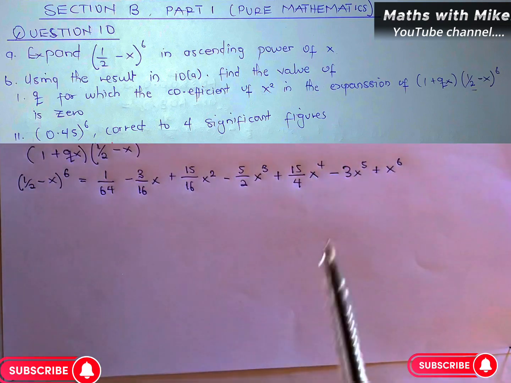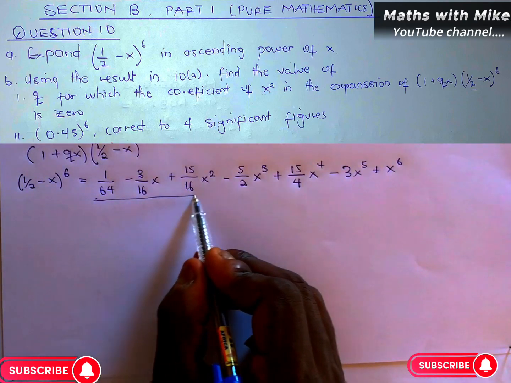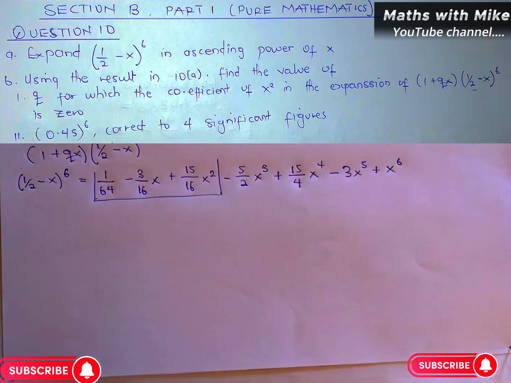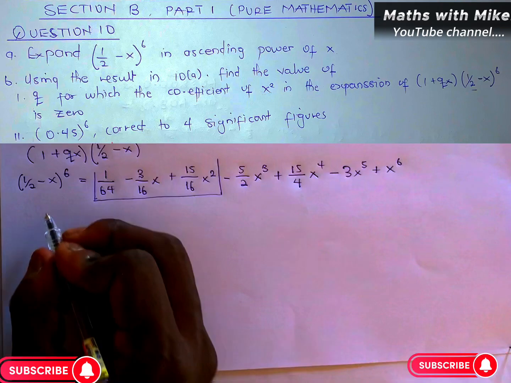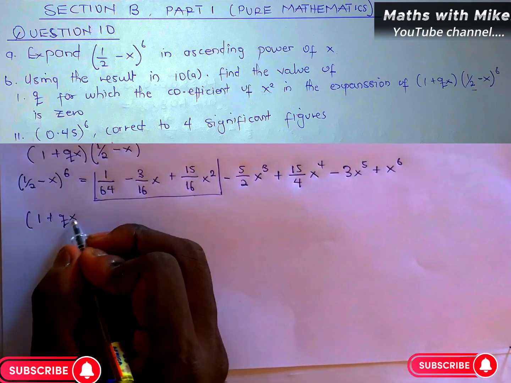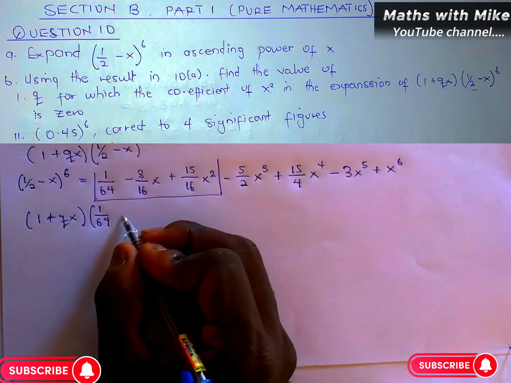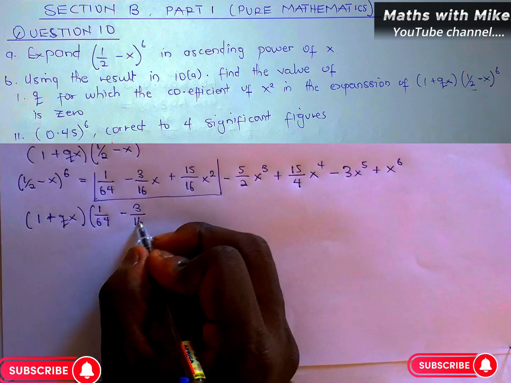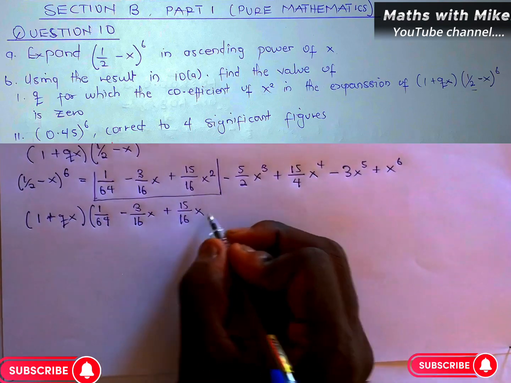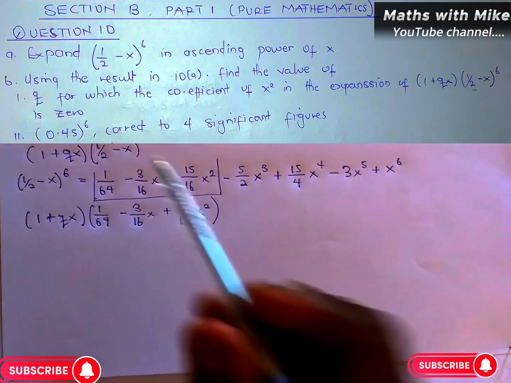Looking at this expansion, only the first 3 terms can possibly give us a coefficient of x squared. So in place of the expansion given, we can rewrite it as 1 plus qx multiplying 1 over 64 minus 3 over 16 x plus 15 over 16 x squared. So we replace with the first 3 terms there.